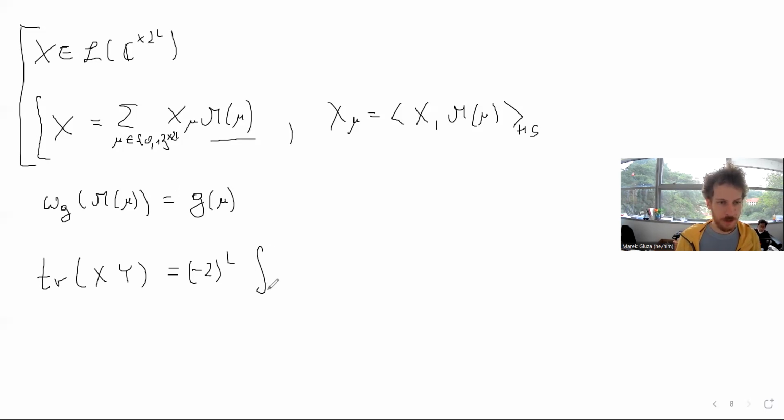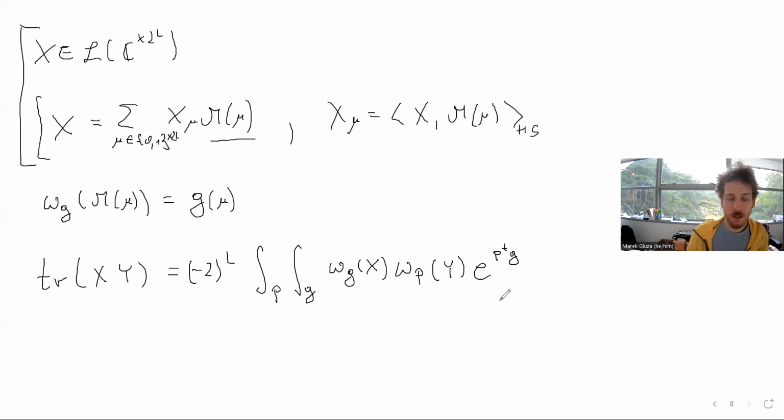So against P, against maybe G, and then I need to take omega G of X and omega G of Y. And then I need to have something like this, P transposed with G. So this is where I wanted to get today.